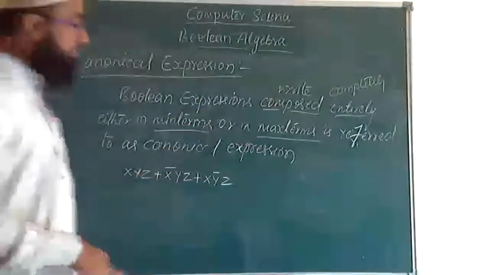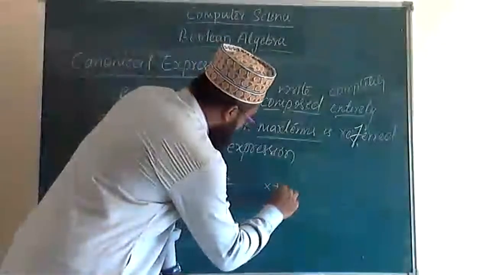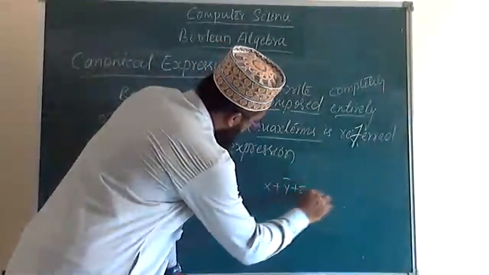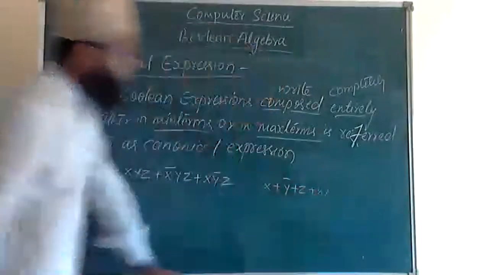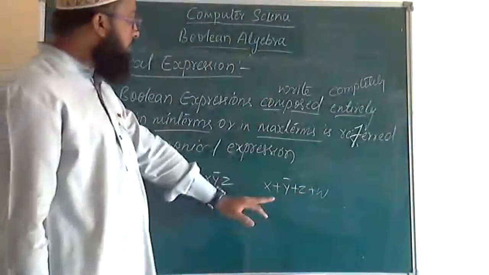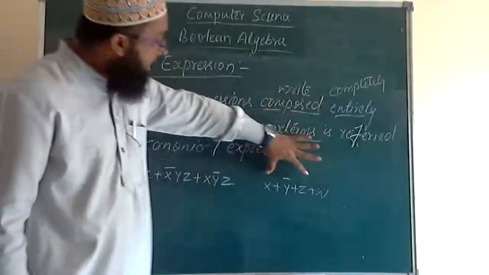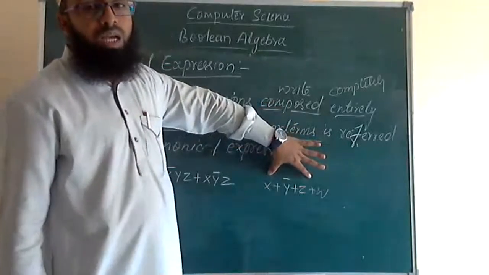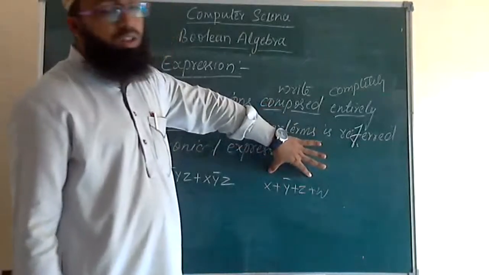What about max term? For max term it is x plus y bar plus z plus w. Look here, max term is composed entirely. What is meant by max term? Max term means the sum of all the literals.